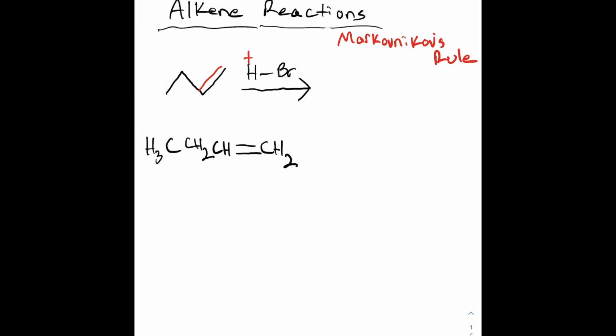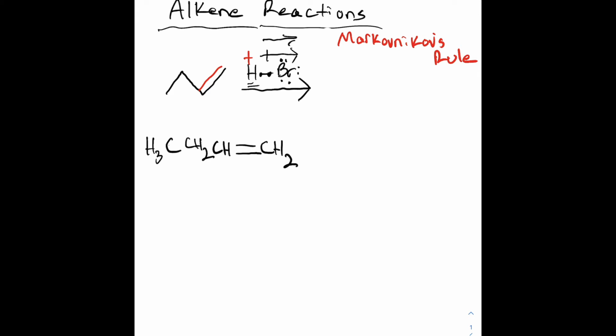It is positively charged because this bromine is electronegative and is pulling the electrons towards itself. This bromine has lone pairs of electrons and is sharing a pair of electrons with this hydrogen, but it's tugging on these electrons in this direction, so it gives this hydrogen a positive charge.